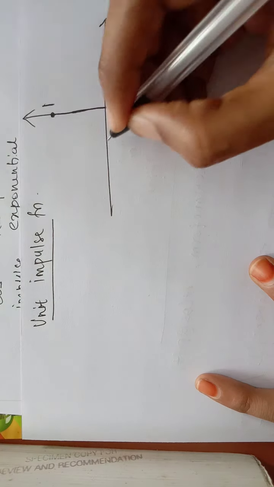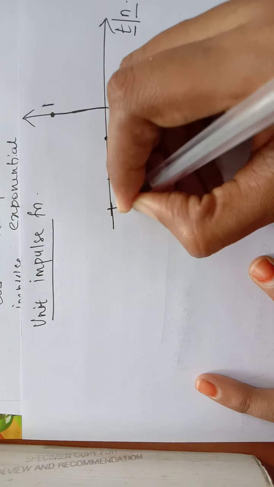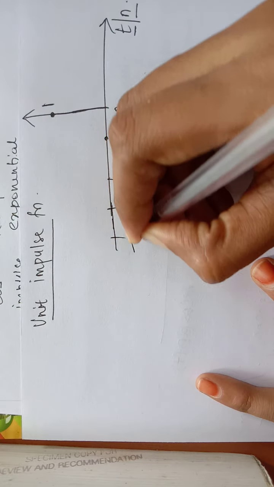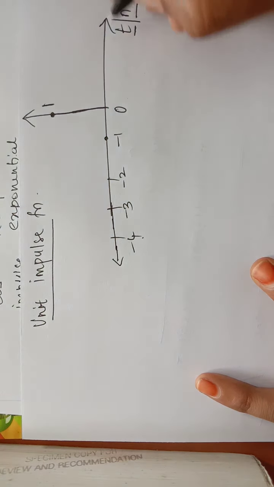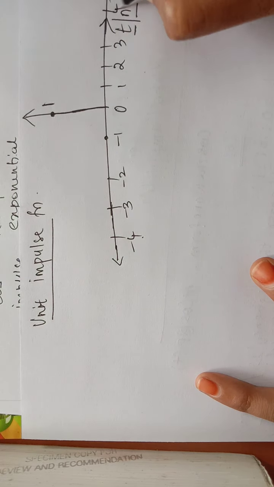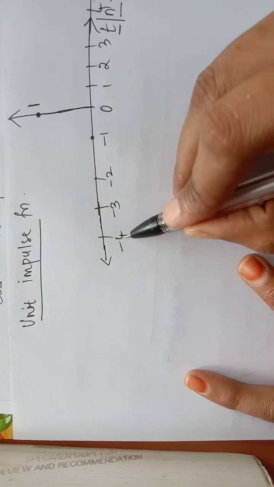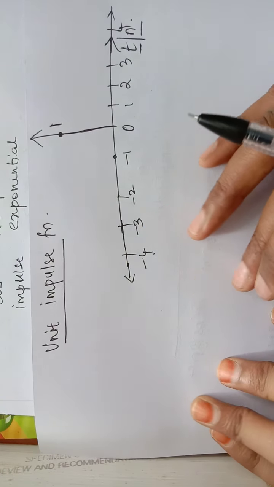Okay, now I'm going to generate an impulse in this form, from -4 to +4. What is the meaning of this?